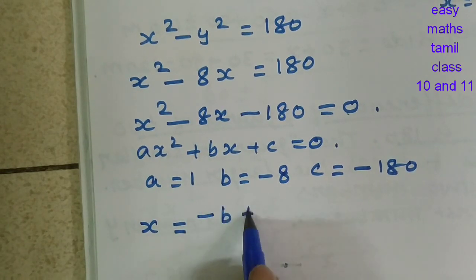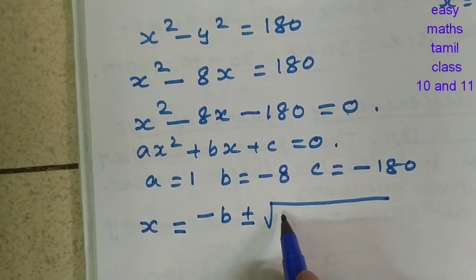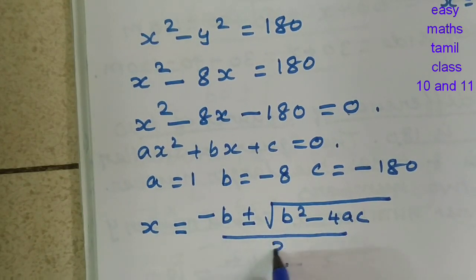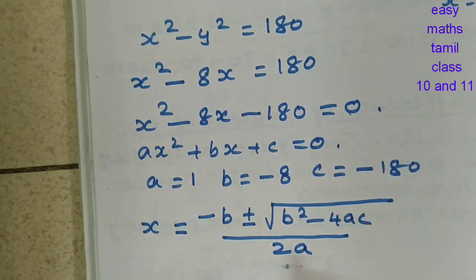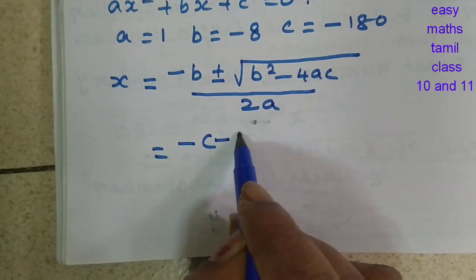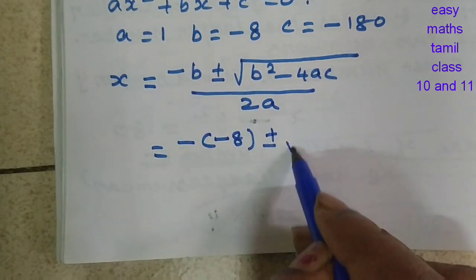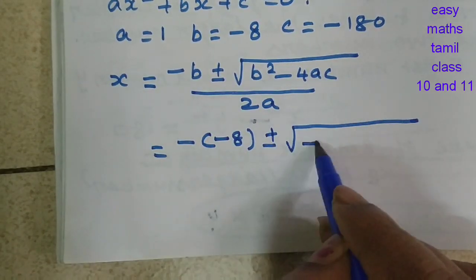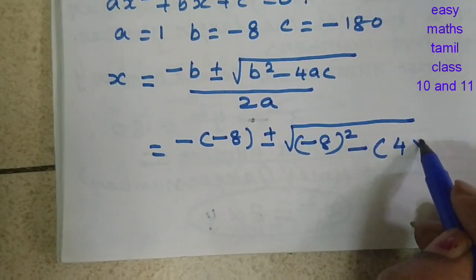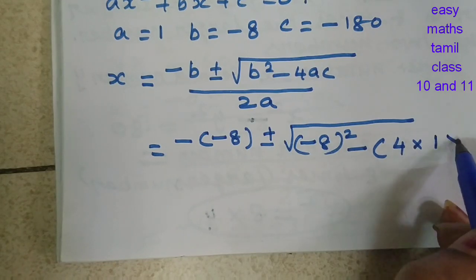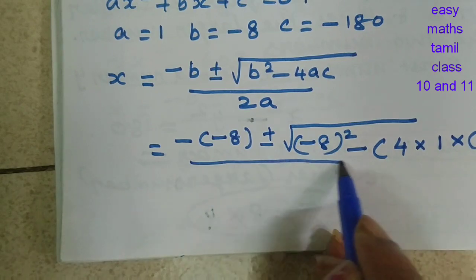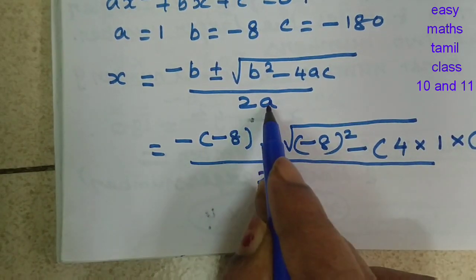Minus b plus or minus root of b square minus 4ac by 2a. Minus b value is minus 8 plus or minus root of b square, minus 8 square, minus 4 into a value is 1, c value is minus 180, divided by 2 into the value of a is 1.